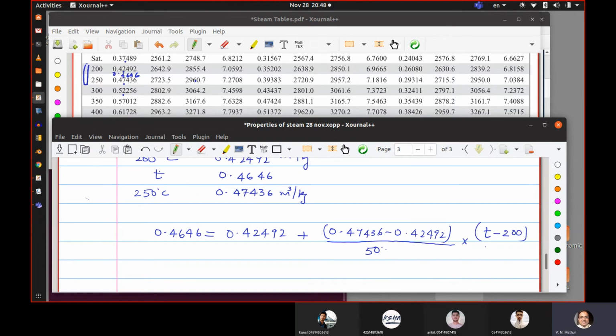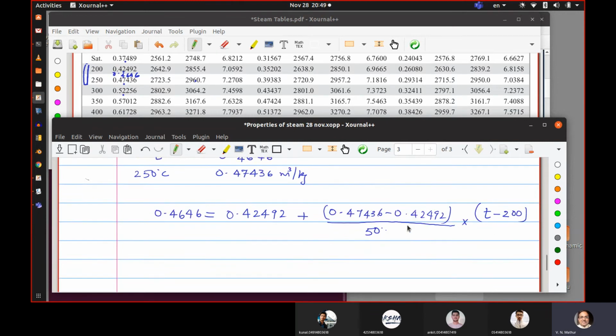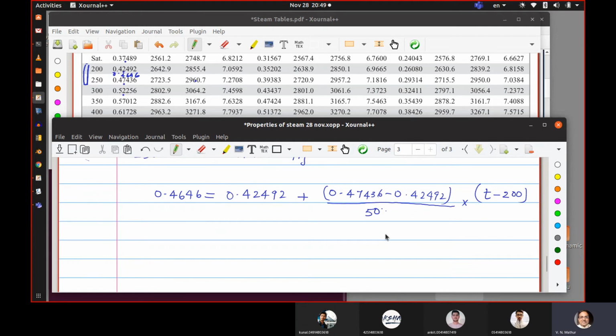So using this formula, we should be able to calculate the value of the temperature.